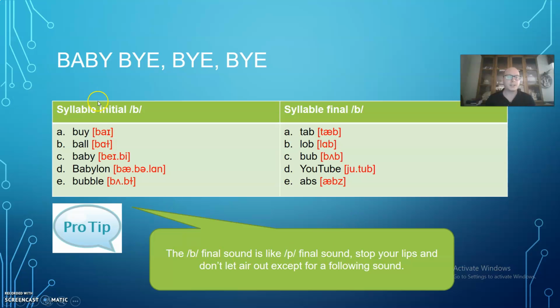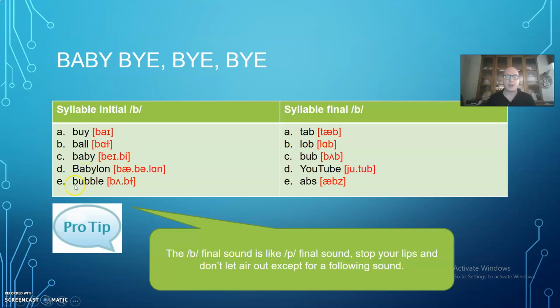And the b sound is much easier because we don't have to talk about aspiration or unaspiration, okay? So in a syllable initial b sound, that means it's the first sound that creates a syllable. It's going to be fully voiced with the b, right? Air, everything comes out. Like the word buy, ball, baby. And so there's two syllables in this word, baby. So both have that hard b sound.